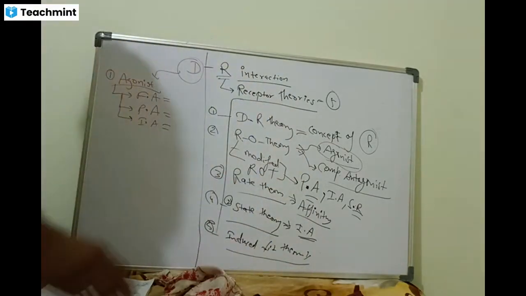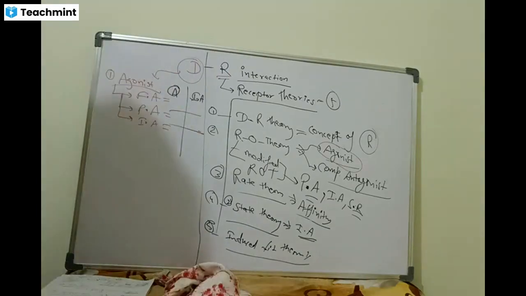These three have affinity and something called intrinsic activity. The concept of affinity evolved from the rate theory.